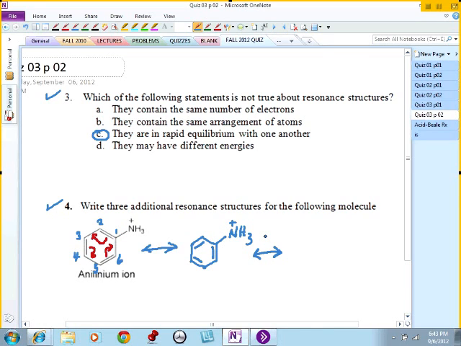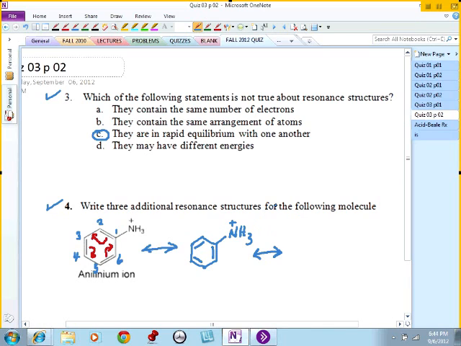If I did not put the arrow? Oh, as long as the resonance structures are correct. The reason why I am showing you the arrow is just to show you what electrons we are moving. But if you already know it, you don't have to show the arrow. As long as the structure you are giving me is correct, that is fine.